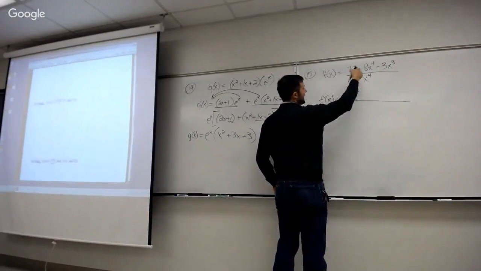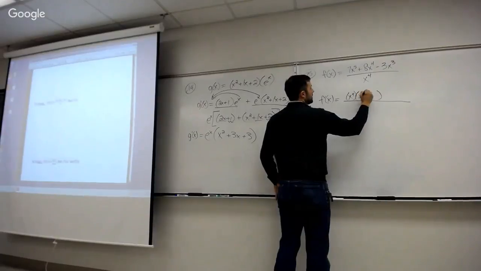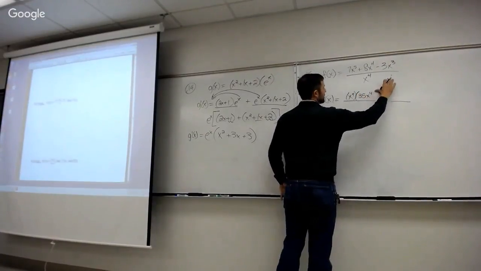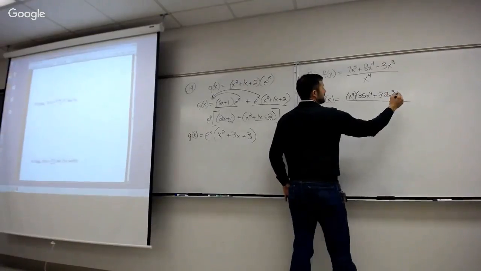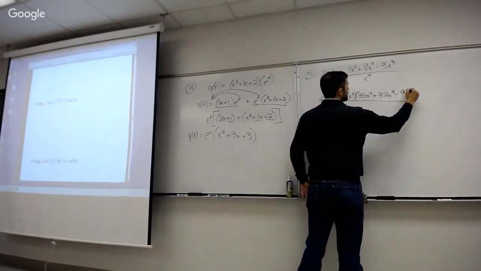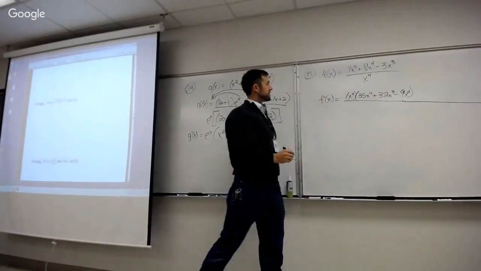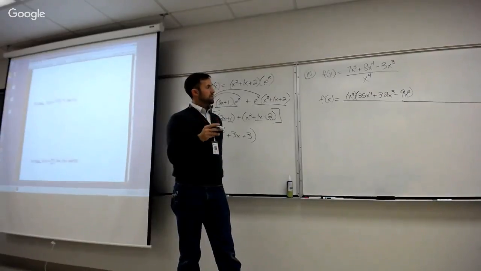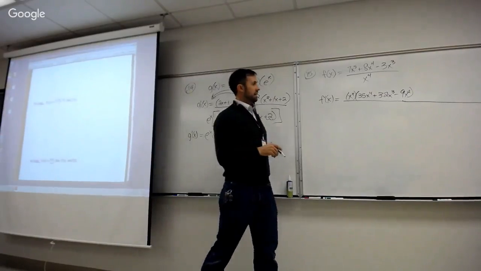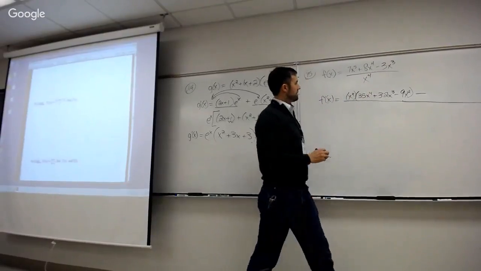So what's the derivative of the top? 35x to the fourth plus 32x cubed minus 9x squared. All right. So that was just the ho d hi. Ho times the derivative of the hi. And then what? Plus or minus? Minus.